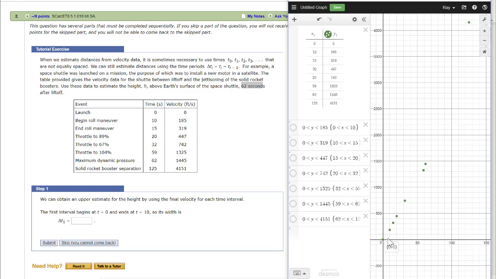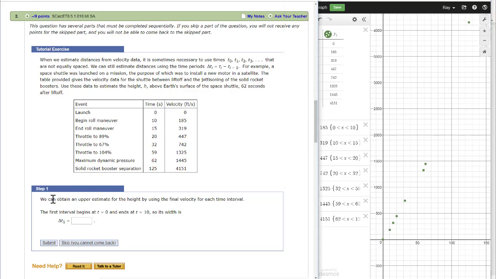And so we have the 0, 0 point, the 10, 185 point, the 15. And if you look at the distances between them, they're not evenly spaced. But we still should be able to estimate the area under the curve. We can obtain an upper estimate of this by using the right-hand rule.